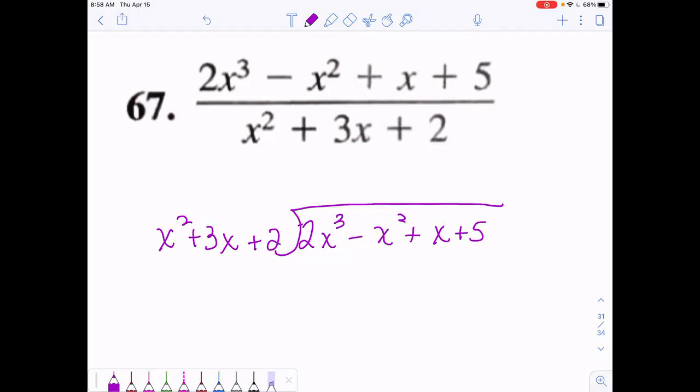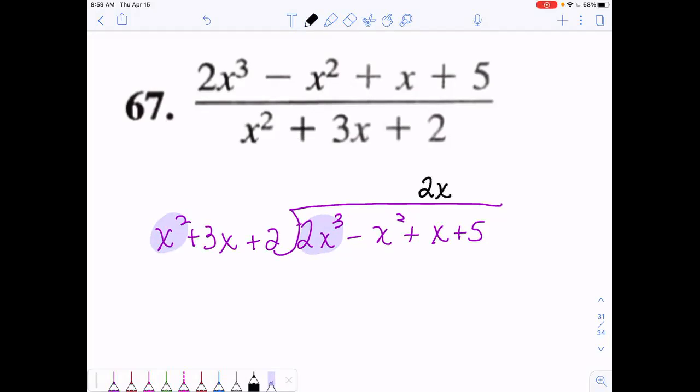There is an x squared, but we're looking at 2x cubed as our first term. So what would you multiply x squared by to make it 2x cubed? 2x. And then when you multiply 2x by that trinomial, what do you get?